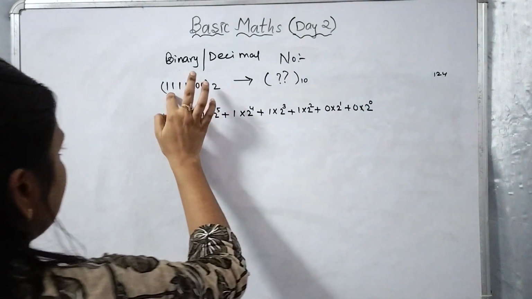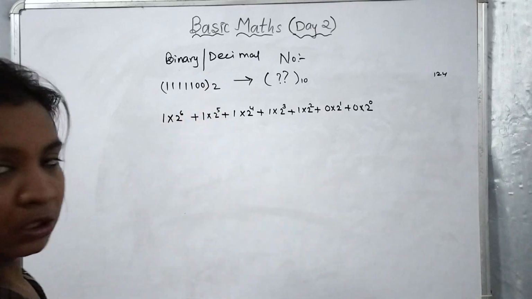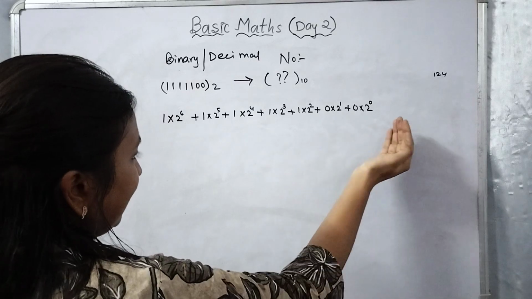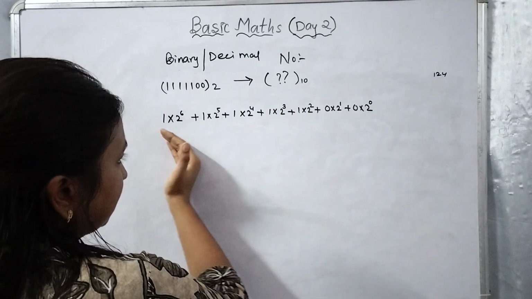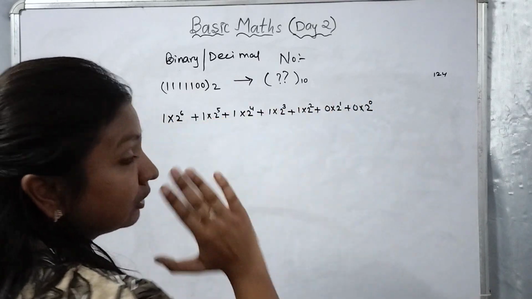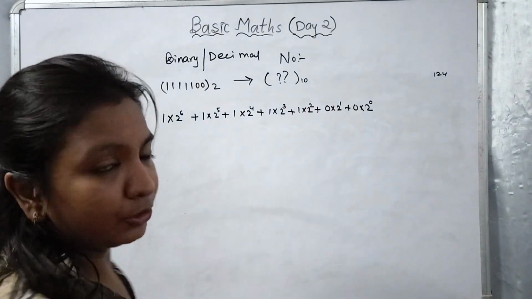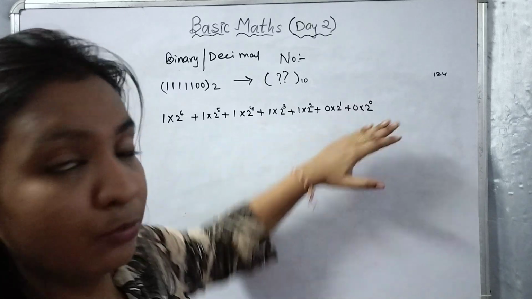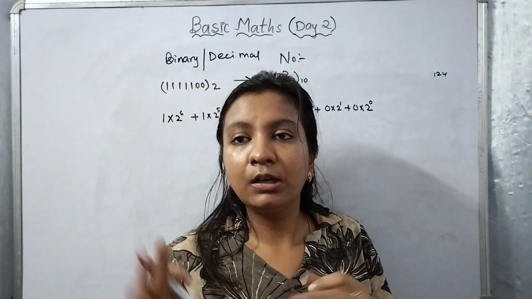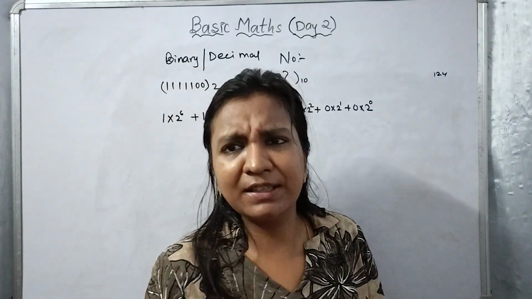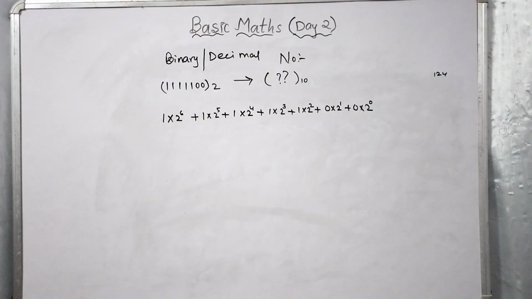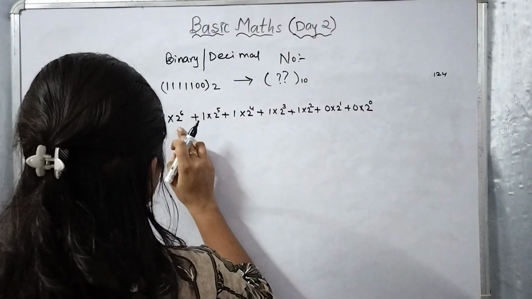So either you can directly write it as 6, or for your convenience, first multiply it by 2 and start adding power from here, from backward. That will be clear if you are totally new and don't have any idea regarding binary and decimal. This will be a very easy technique for you to remember the powers.